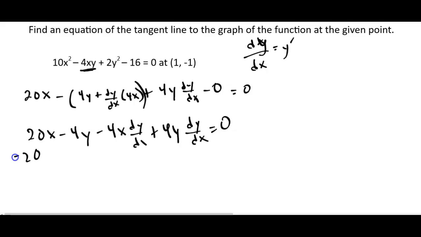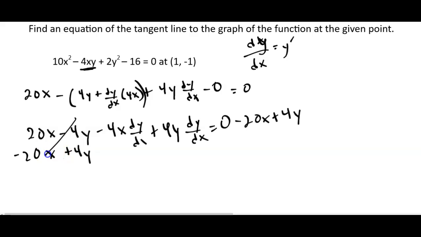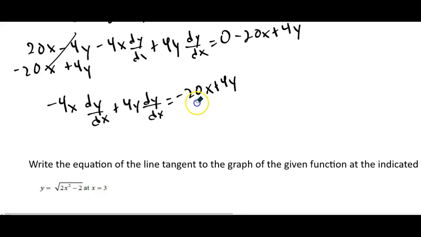So we're going to subtract 20x, and we're also going to add 4y to the other side. So that gives us negative 4x dy over dx plus 4y dy over dx equals negative 20x plus 4y.